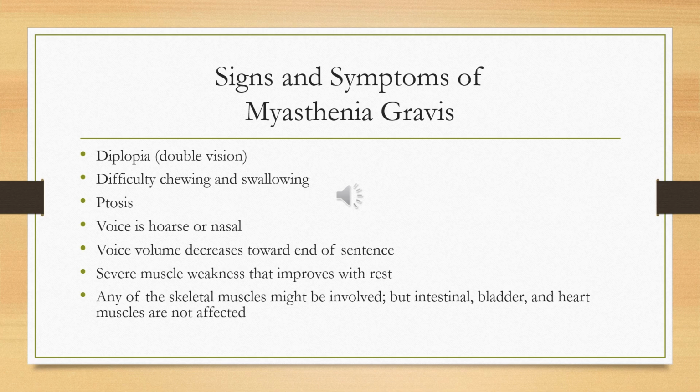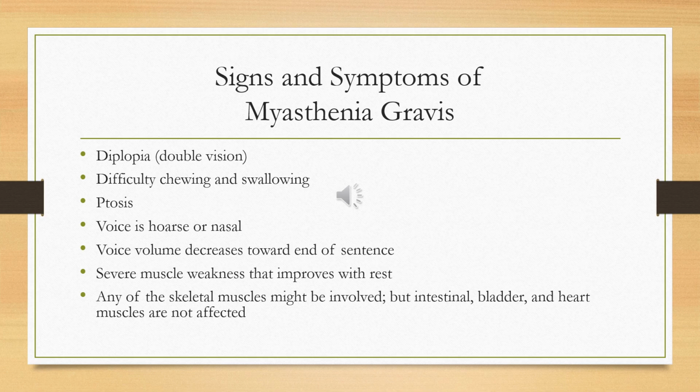So signs and symptoms, you might see gradual, progressive skeletal muscle weakness and fatigue, and it usually worsens during the day. Weak eye closure, ptosis, which is a drooping of the eye, diplopia, which is double vision. They might have a blank mask-like facial expression.